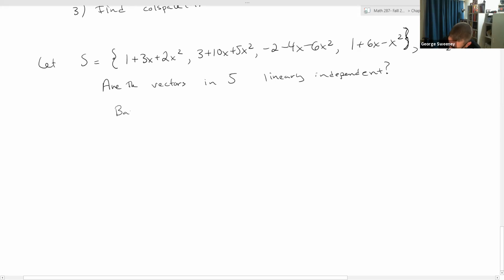So a basis for P2R, the standard basis for P2R is 1, x, and x squared. That's the basis for P2R: 1, x, and x squared. Okay.